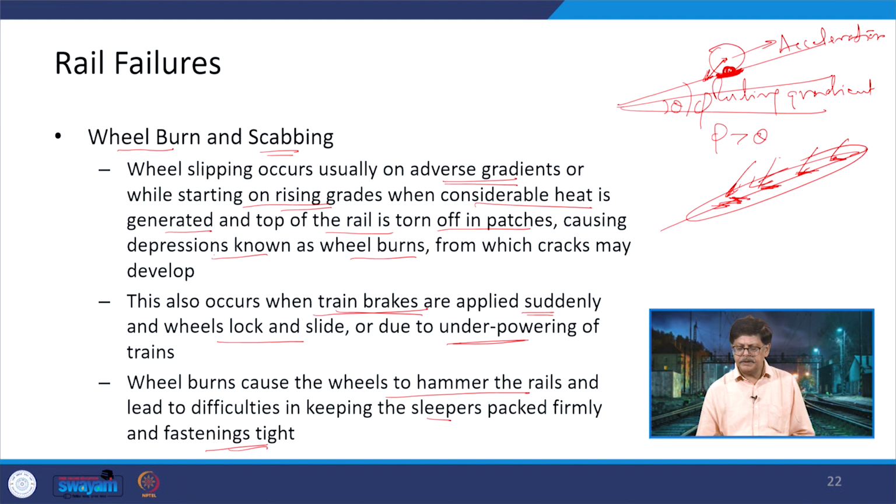This is a big impact, and it can be a hammering impact on the rails. When this hammering impact occurs again and again on the rail section because of the number of trains passing through, then the sleepers provided at the bottom, or the aggregates packed there to keep the sleepers in position, will all start loosening.